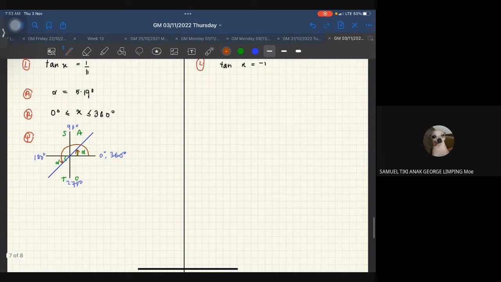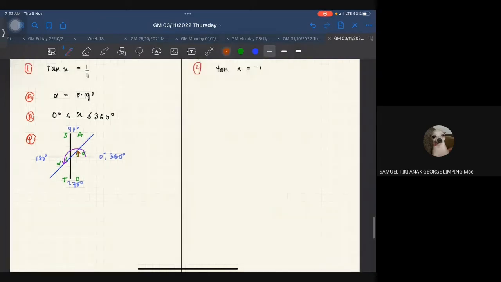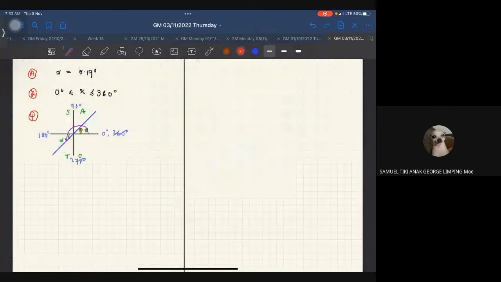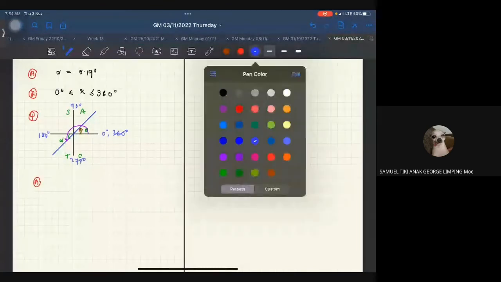Let me use another colour lah, buat beza sikit. Okay, so for the chocolate one, for the brown one, okay, so my answer is going to be, for the brown one, then subject, don't forget to write your subject.